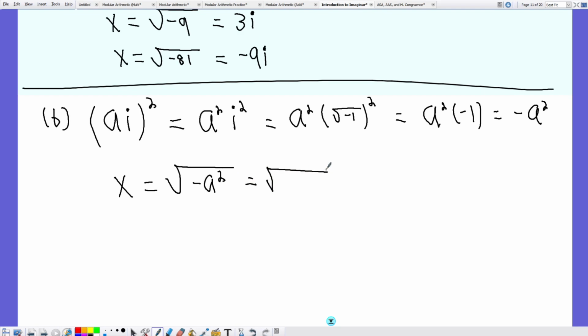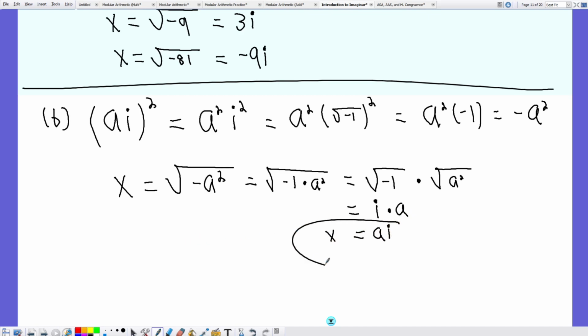That negative in the front is the same thing as negative 1, and we have times a squared. Separate the two, we have negative 1 times square root of a squared. Well, negative 1 we define as i, times the square root of a squared, which is a. And just like normally we flip them to keep the real number in the front, so that x is a times i, an imaginary value.